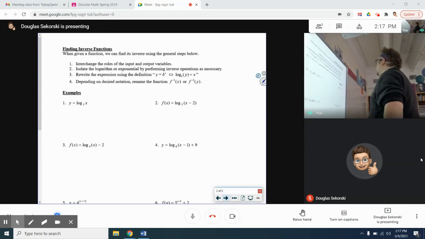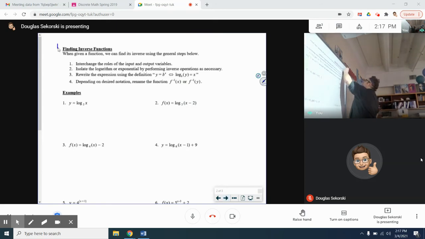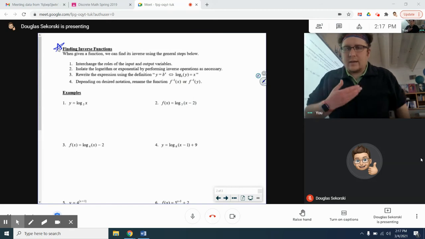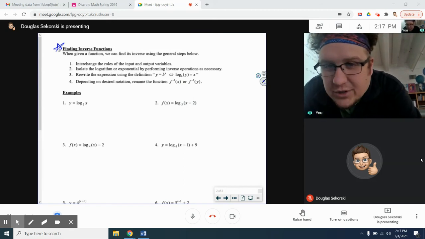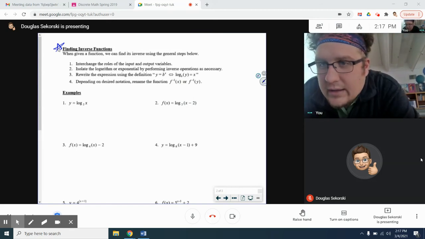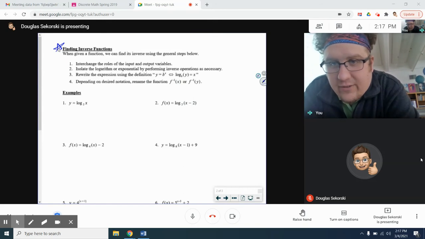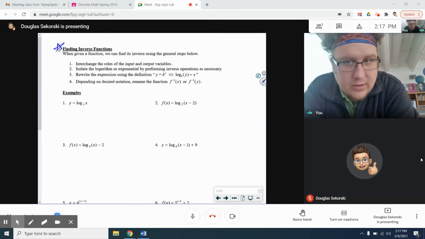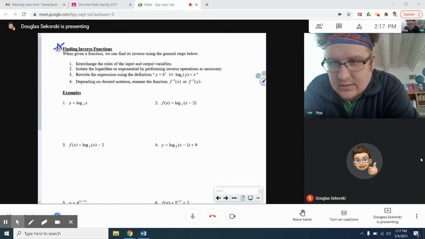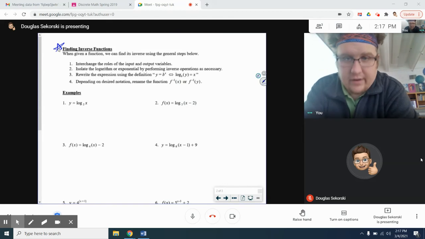So I'm on page 2, and this should be a little bit of a blast from the past, because it says finding inverse functions. Right? So it says when given a function, we can find its inverse using the general steps below. So you're going to recognize a few of these in step 1 and 2, and then it changes a little with the logarithm. It says interchange the roles of the input and the output variables. Right?